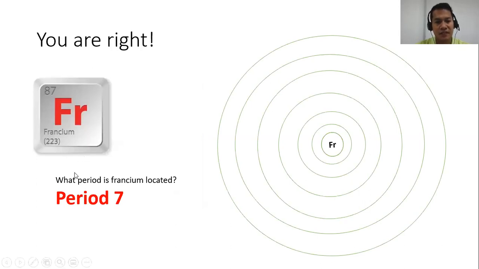Francium is in period 7, and so you can see 7 orbitals or energy levels. This is the first energy level, second, third, fourth, fifth, sixth, and seventh. That's how big the atom is. It goes bigger and bigger.